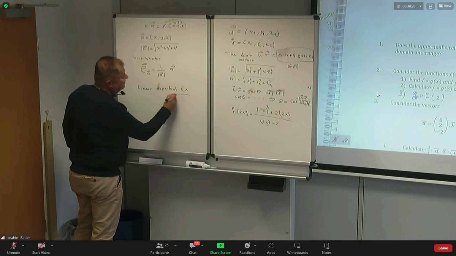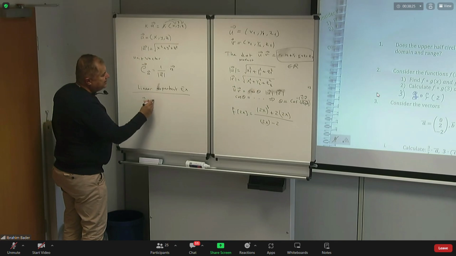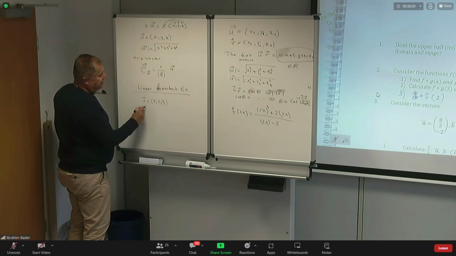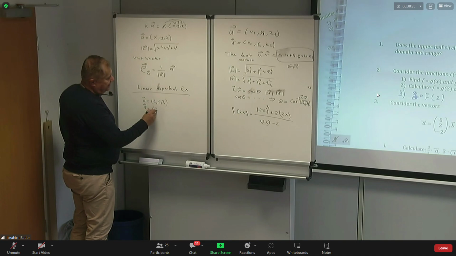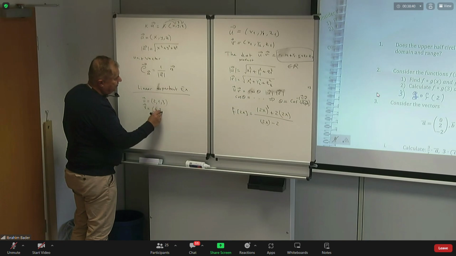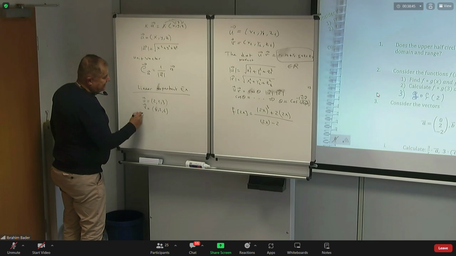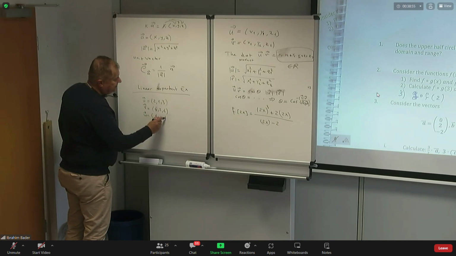So an example of linear dependent vectors: if you have the vectors u equals 2, 1, 3, and v equals 4, 2, and 6. Let's take another vector, which is 8, 4, and 12.